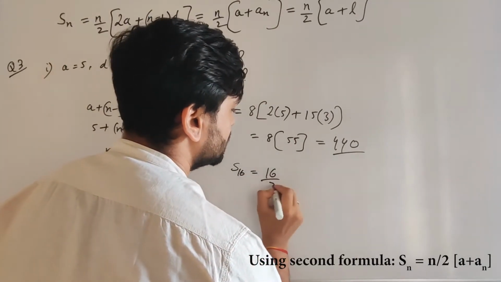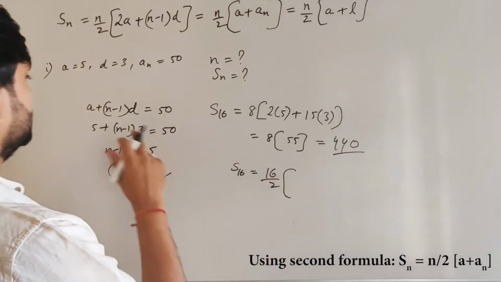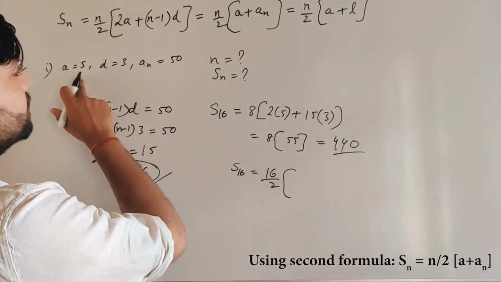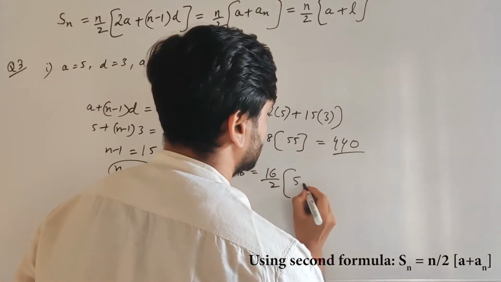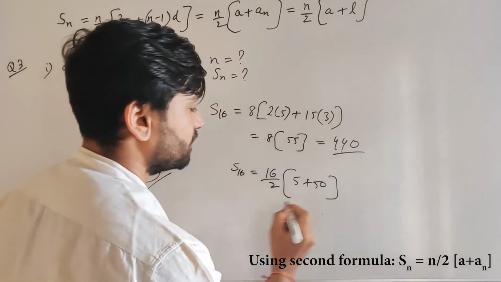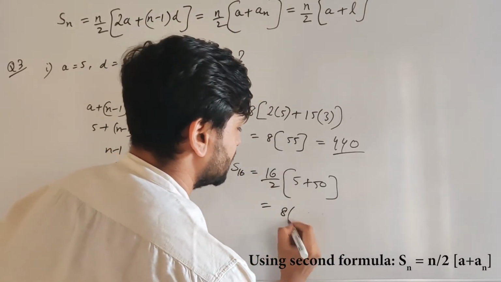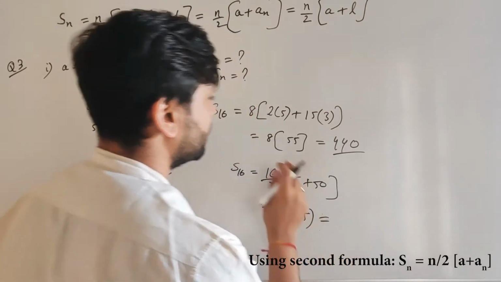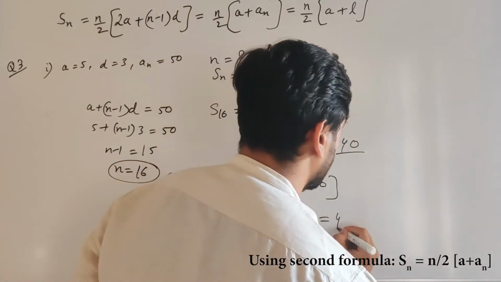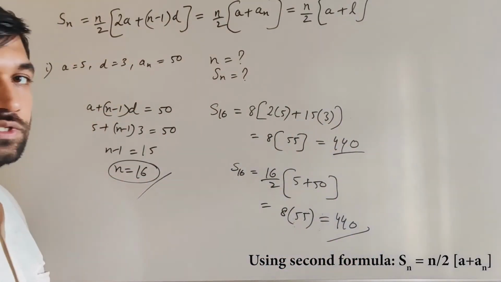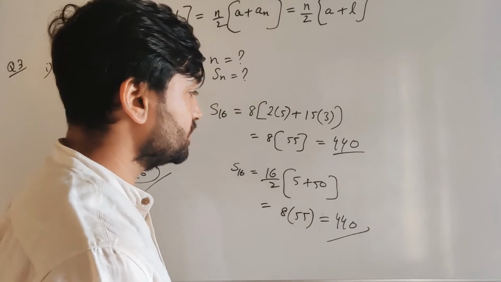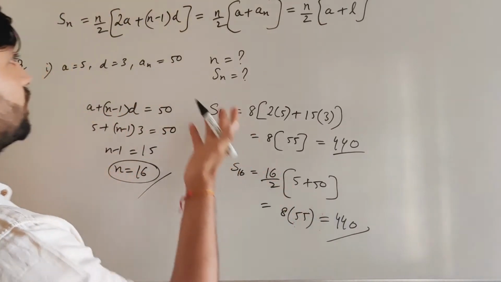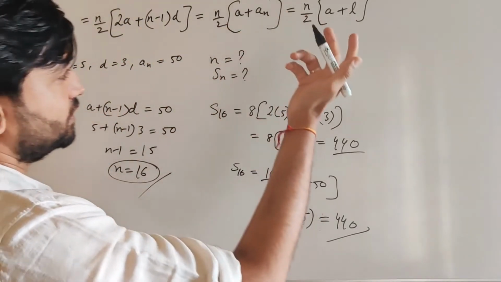So n by 2, a is 5 plus 50. So this is 55 and this is 8. 8 into 55, which we have just found out, is going to be 440 as well. So you'll get the same answer. You're free to use any of the formulas, this one or this one.